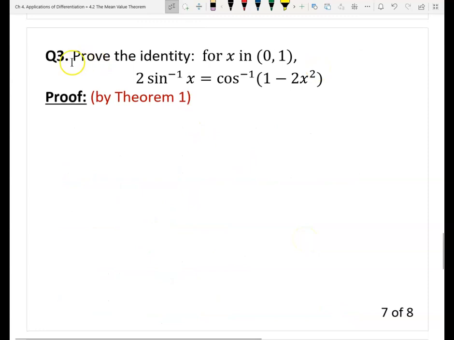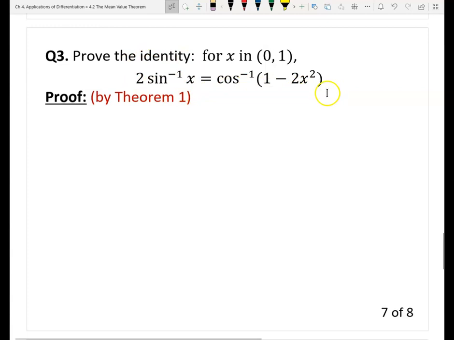Here is the last question, and also another important application of the mean value theorem. Can you see? We have to prove this identity for all x between 0 and 1. We can do it this way: the left side minus the right side equals 0.